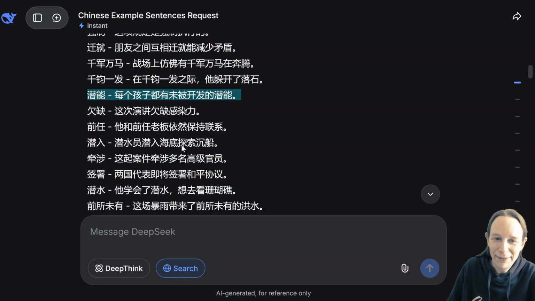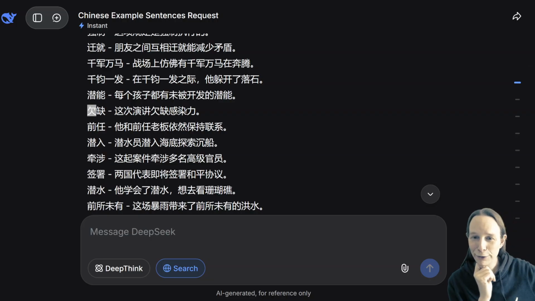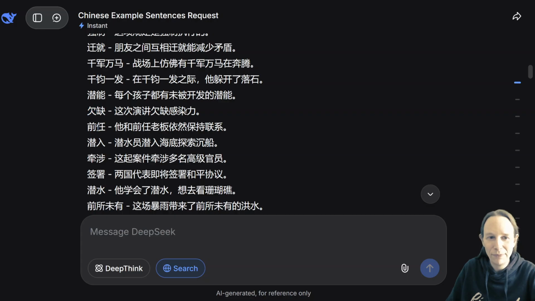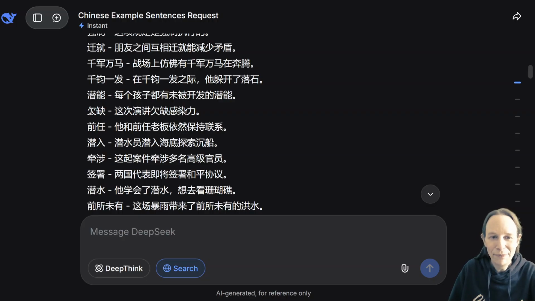Right. Okay. 欠缺, 欠 means owe in the sense of I owe you $5. 缺 means lack, as in I lack $5. I lack goods, I lack money, I lack something. 欠缺, it's like a deficit or something is lacking in some way. 这次演讲欠缺感染力.